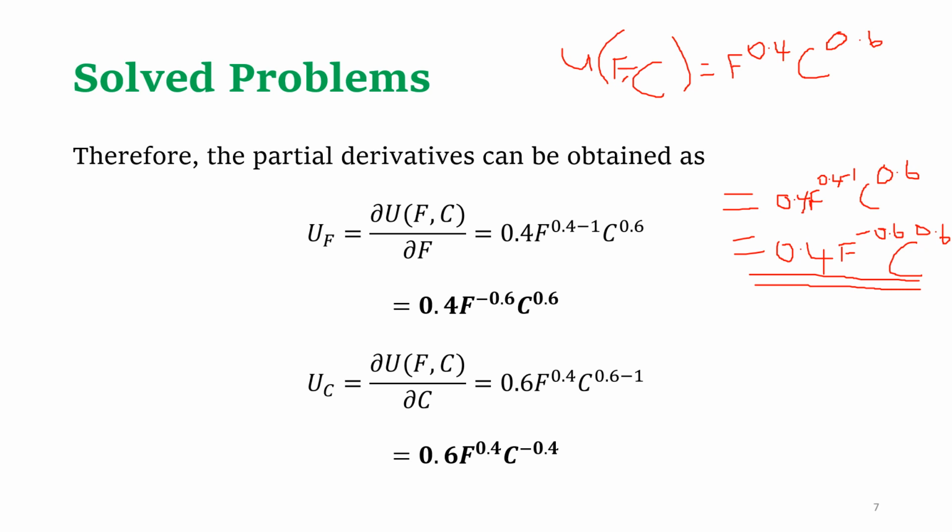Now what do you do? You take the 0.6 and then you multiply by this whole function now, 0.6, F to the 0.4, C, and then 0.6 minus 1 is minus 0.4, right? So that's your answer. So that's how you derive the partial derivatives.